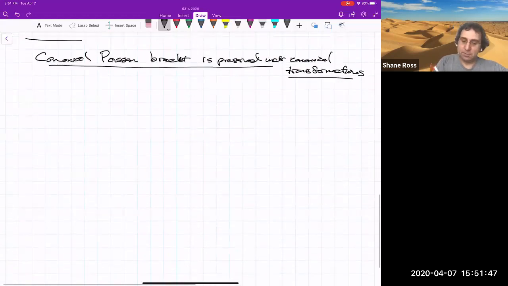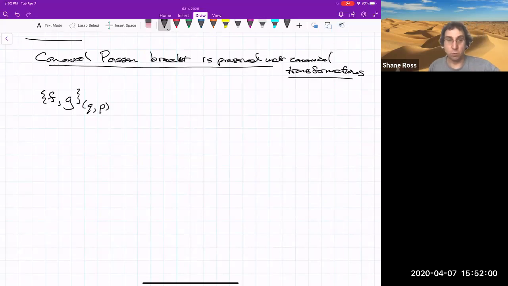So this means that if you've got a function f with g, and you calculated that Poisson bracket in, say, your original coordinates, so I'll put a little subscript q and p.